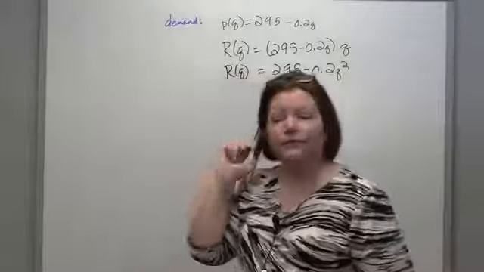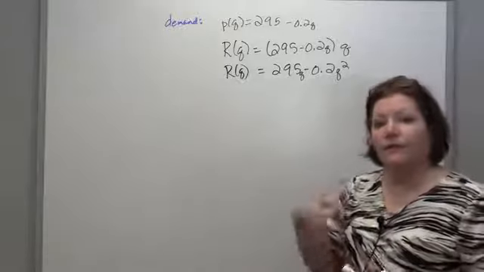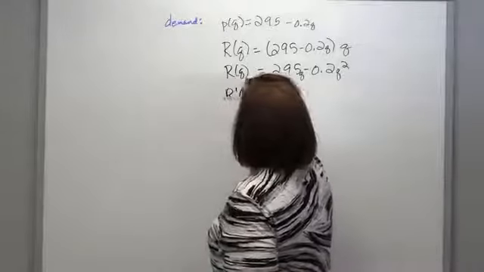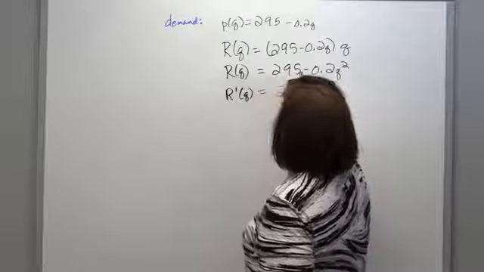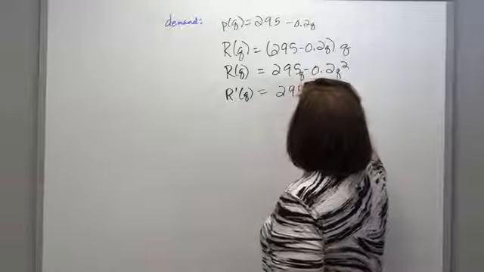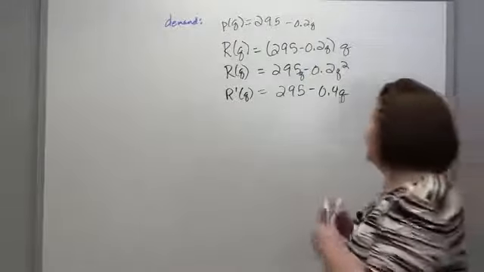So we're going to need to find the derivative of this and find the critical points. So the derivative, otherwise known as marginal revenue, is going to be 295 minus 0.4Q. And we set this equal to 0.